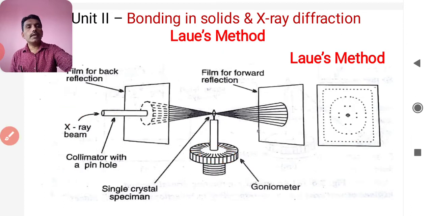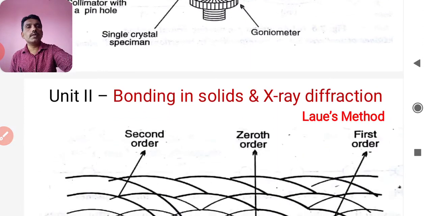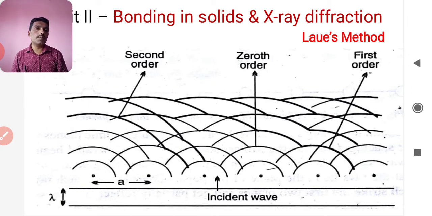Now as for why the Laue method is used for X-ray diffraction, to understand that, first we have to understand what the Laue pattern is. The name Laue comes from the scientist Laue, who first invented this, which is why the pattern is called the Laue pattern.